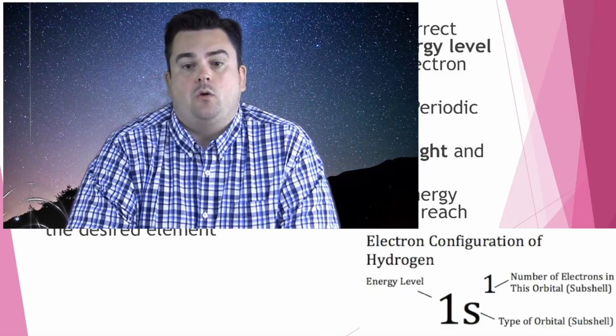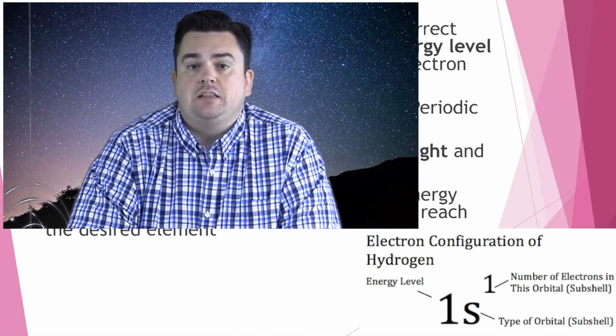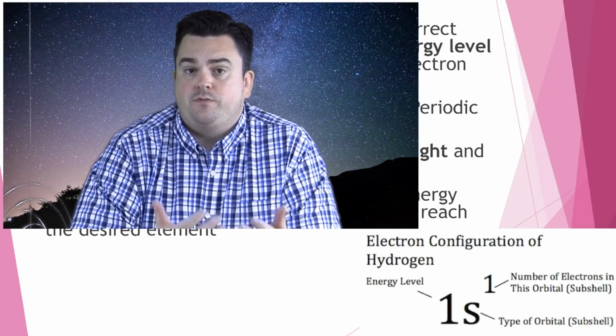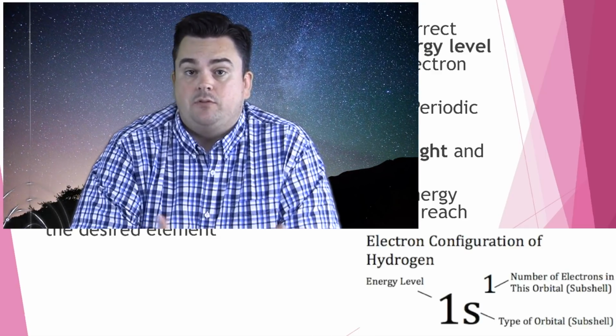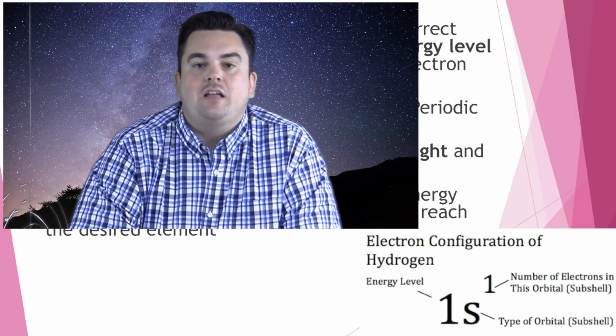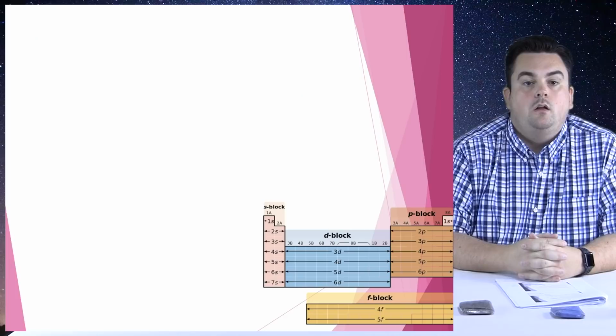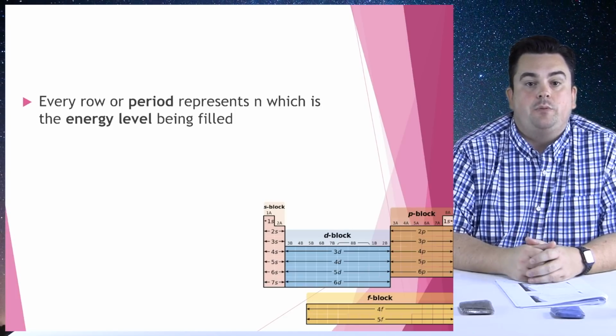So let's break that down. The big number 1 in the front represents the principal energy level, just like the Bohr diagram was the first energy level. The s represents our sublevel, and the superscript of 1 tells us how many electrons are in that particular sublevel. Every row or period represents n, which is the energy level being filled.